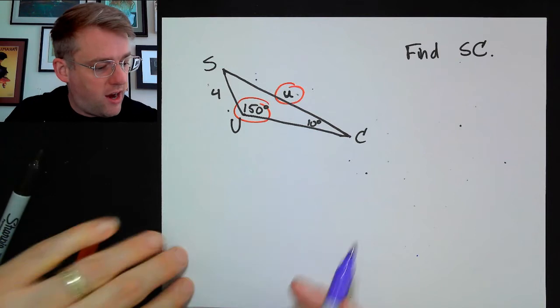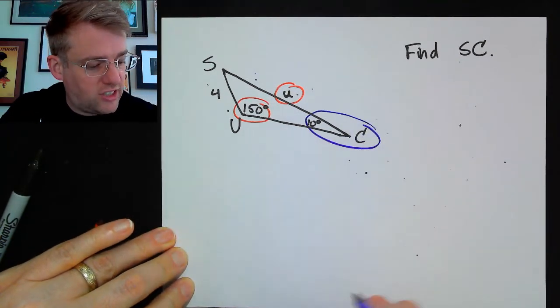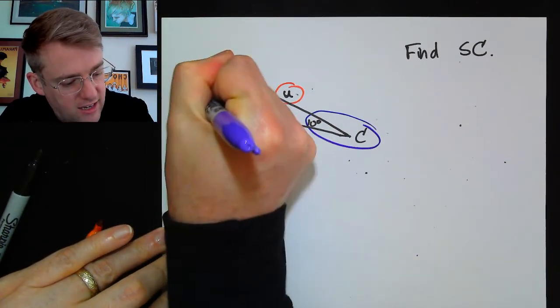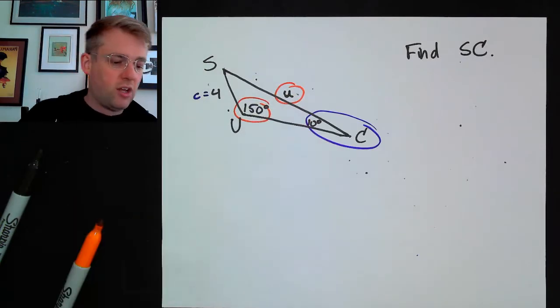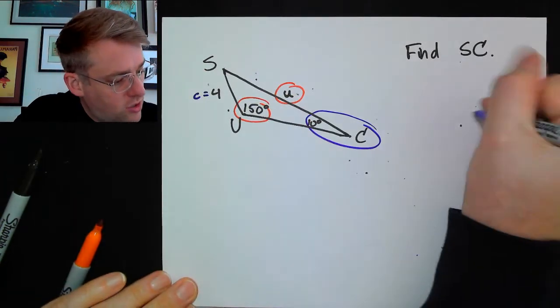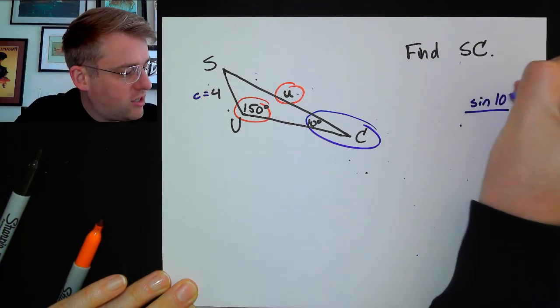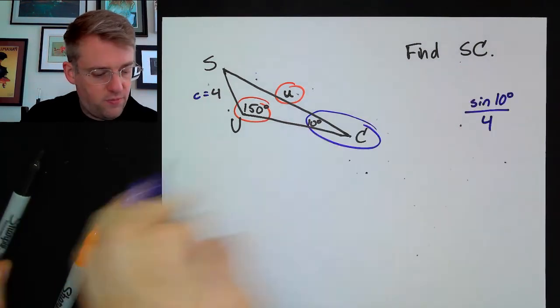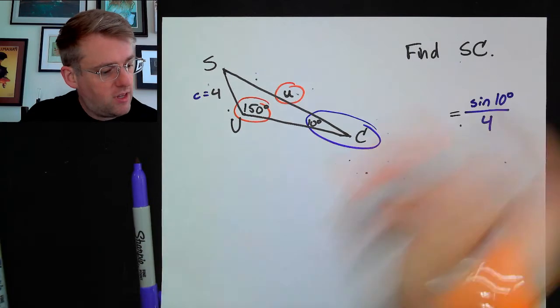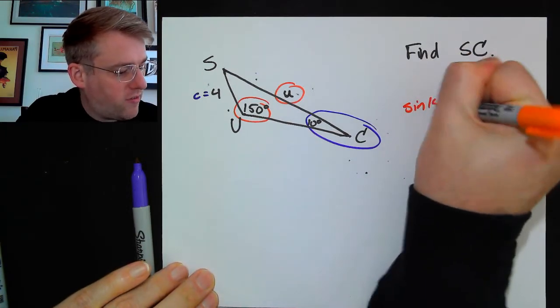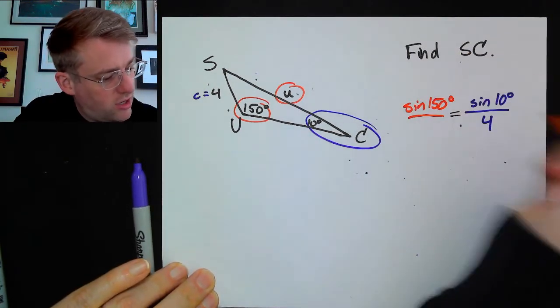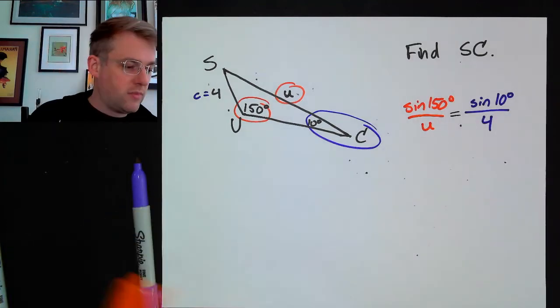Our other pair is angle C, 10 degrees, and side little c across from it, which is 4. So I'm going to write my law of sines proportion. The sine of 10 degrees over 4 is equal to the sine of 150 degrees over u.